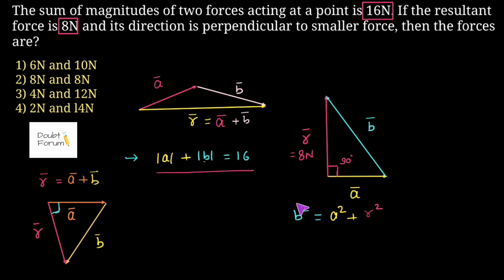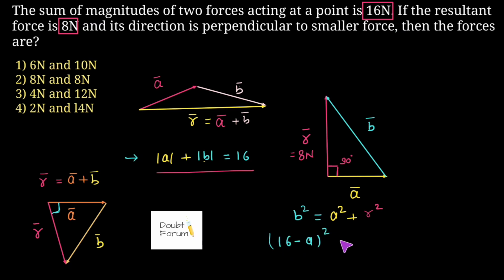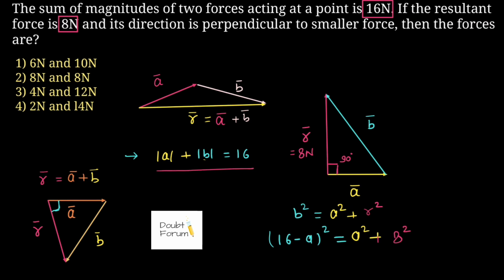From here, we replace B with 16 minus A, so 16 minus A whole square equals A square plus R square, and R square is 8 square.